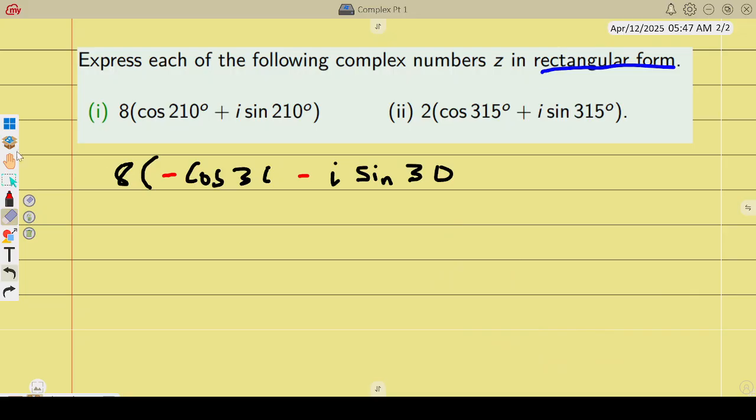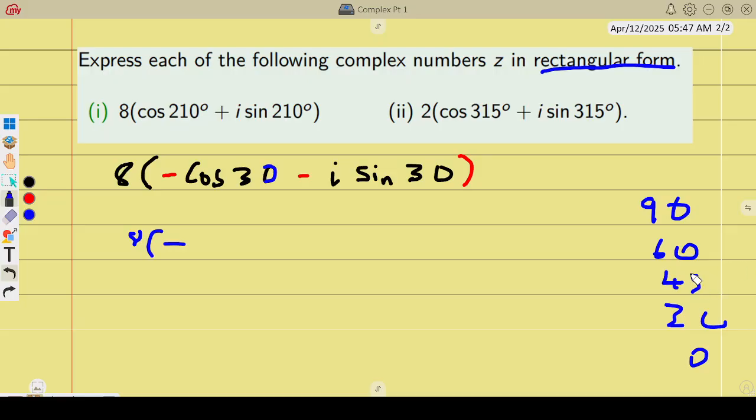Now it is a matter of simplifying. So cos 30 is root 3 over 2, minus I, and sine 30 is 1 over 2.